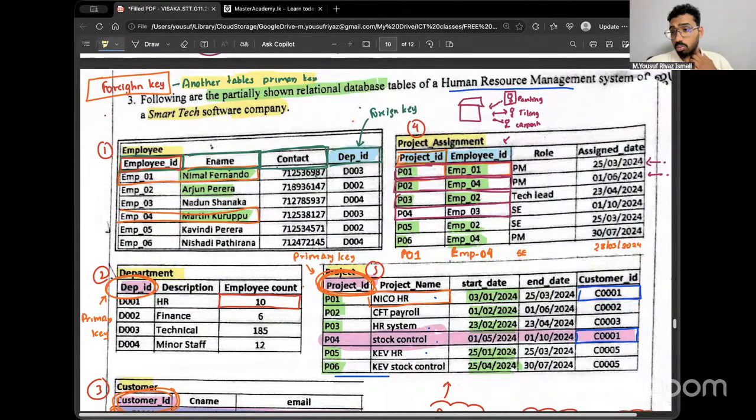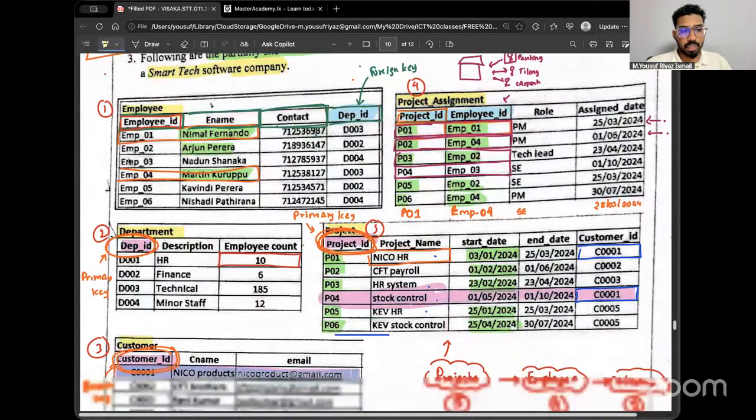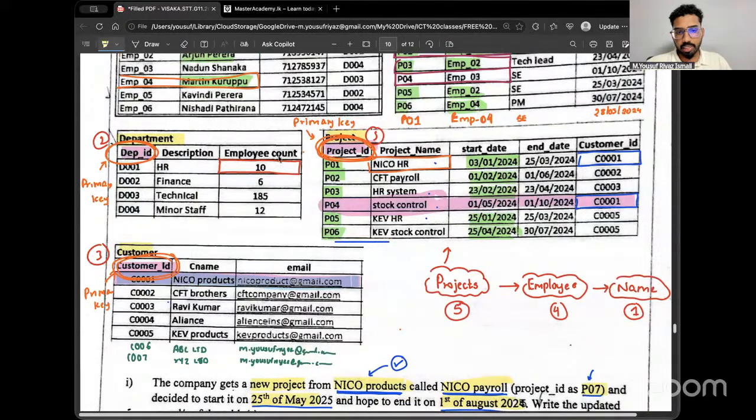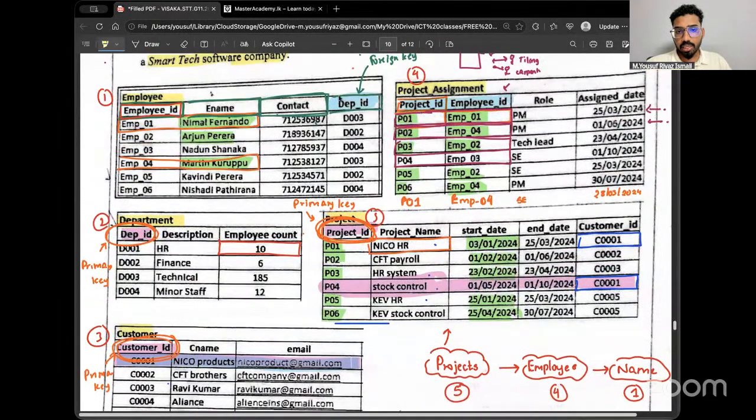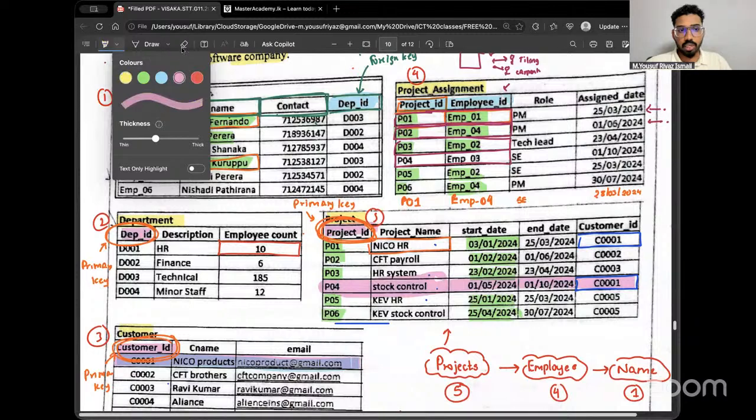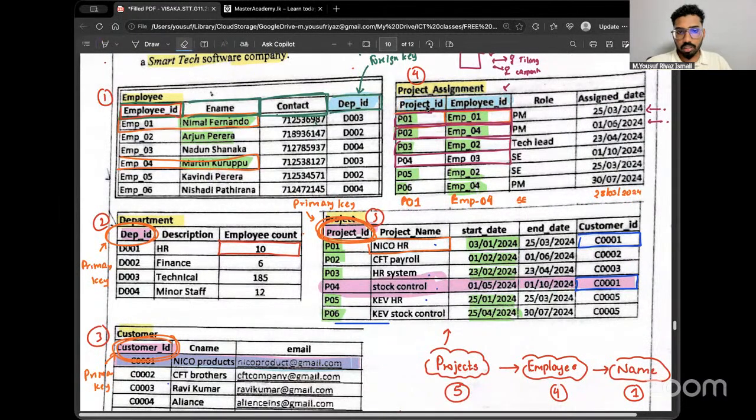No, because I showed in department table, department ID, customer ID, project table, project ID, project assignment table, both these fields together, not alone. In project assignment table, both these fields have to be taken together for the primary key. So employee ID alone is not a primary key anywhere else. Therefore, it can't be taken as a foreign key. Got it, sir?